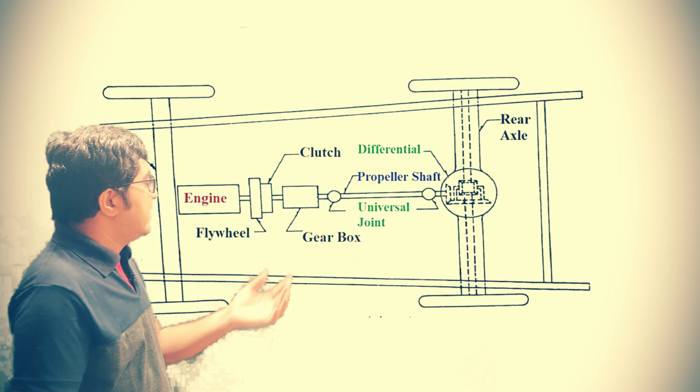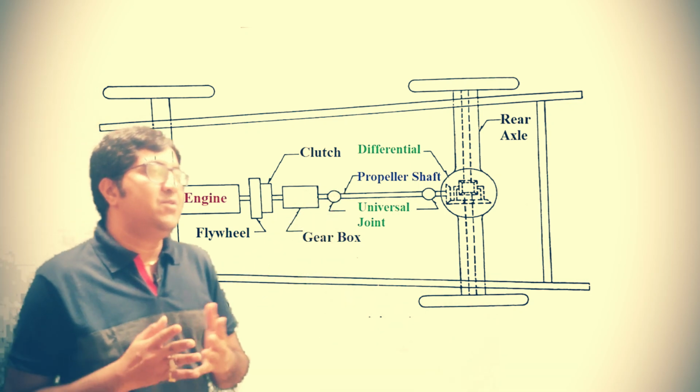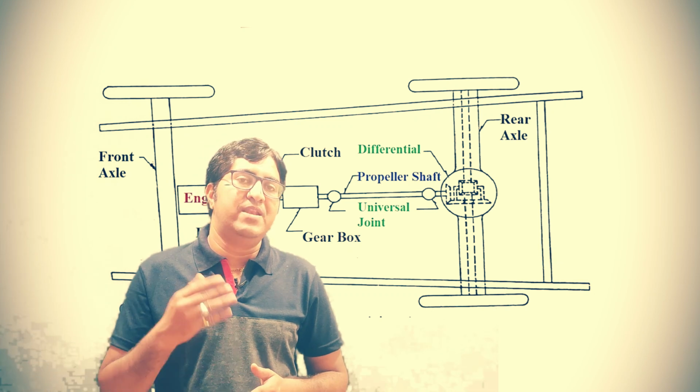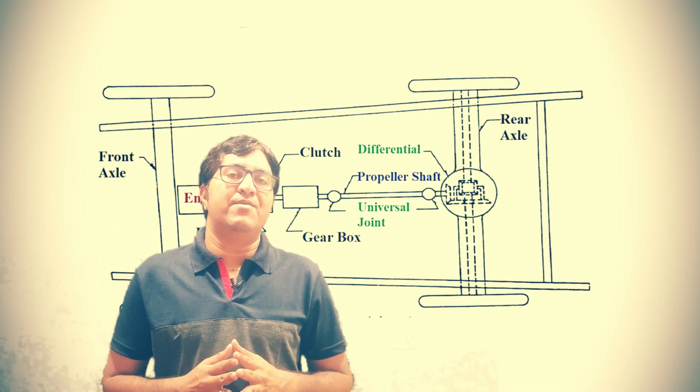Then after that comes the transmission, or we can say the gearbox. In automobiles we use different types of gearbox: manual, semi-automatic and automatic. For example, in the Activa there is no need to shift the gear from first to second because it is an automatic transmission system. Nowadays in automobiles, CVT, continuously variable transmission, is also available.